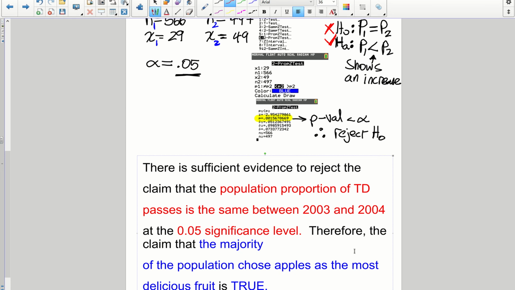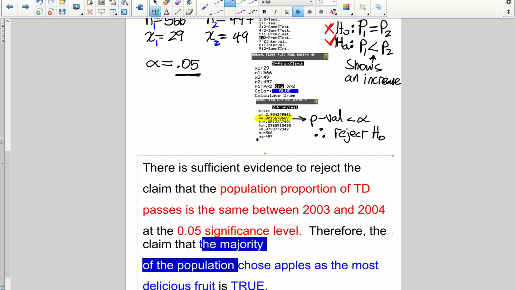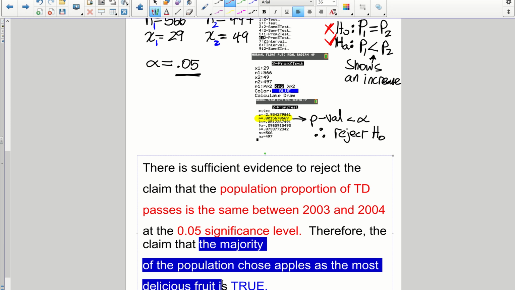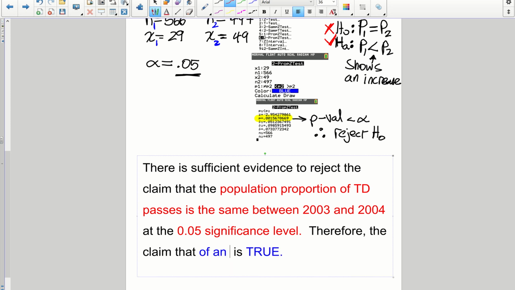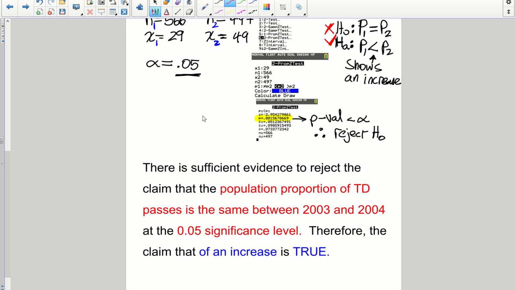Therefore, the claim, now we know what it is all about. So the claim of an increase, because we know what we're referencing here with the of. The claim of an increase is true. All right, so you're developing a little bit of flexibility within the template, right?